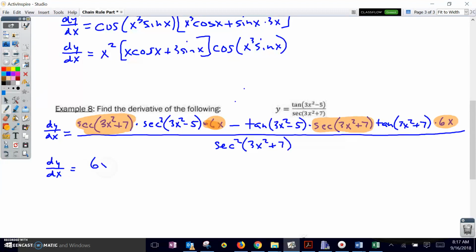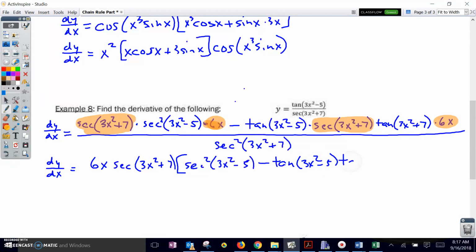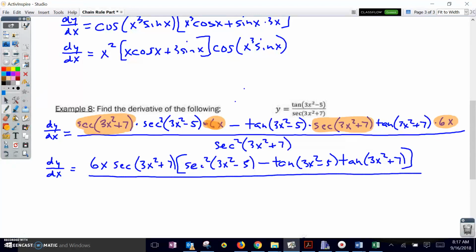So I've got 6x secant of the quantity 3x squared plus 7 times quantity secant squared of 3x squared minus 5 minus tangent of 3x squared minus 5 tangent of 3x squared plus 7. And then in my denominator, I still have a secant squared of 3x squared plus 7.